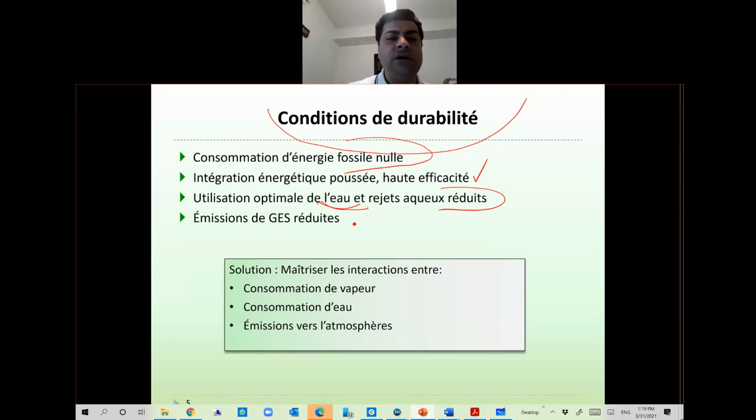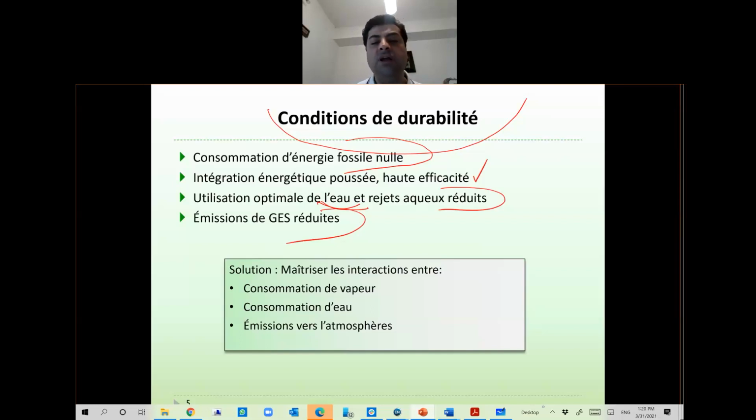Anyway, so the other condition for having a sustainable process is that we want to have less and less generation of greenhouse gases, GES, greenhouse gases.